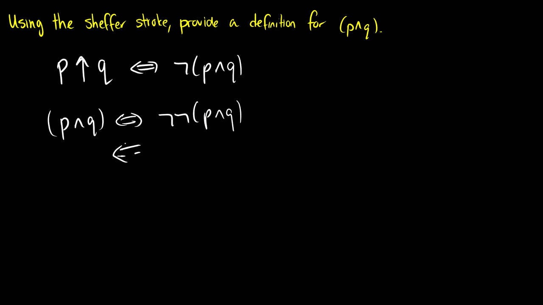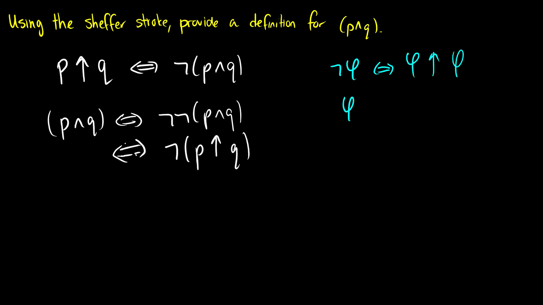So this is kind of like saying, okay, we want the negation of P up Q. So because we did that very simple truth table with P up P, we know how to define the negation. So we just take this not phi equivalent to phi up phi, we just substitute phi as P up Q. And if we do that, then we can get the formula for not (P up Q).